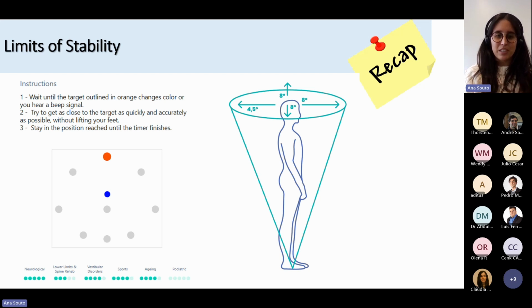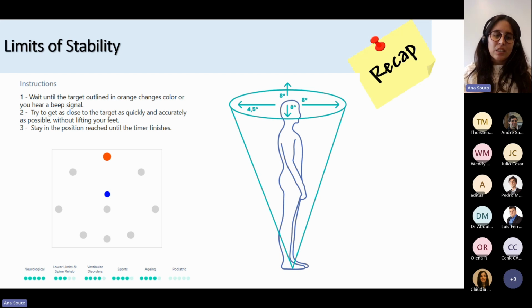So the goal is to go as far as the patient can. It's important to say that the goal is not to achieve the target. It's not like a pass or fail test. It's try your best to reach the target, because the goal is to measure the distance that the patient can achieve.